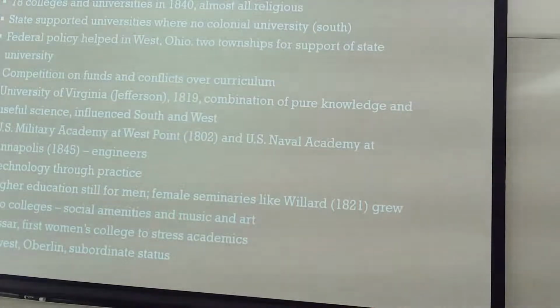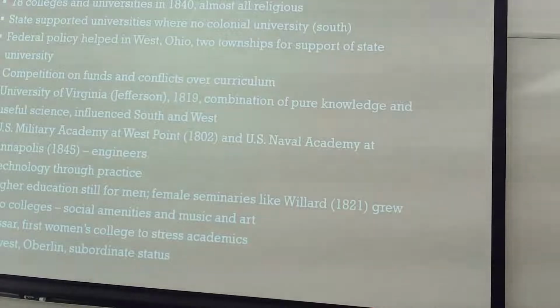Now, this is still a male world. In most higher education, most schools, like all but one, only took men, and they only took white men. There were a few female seminaries like Willard, which will grow into a college.